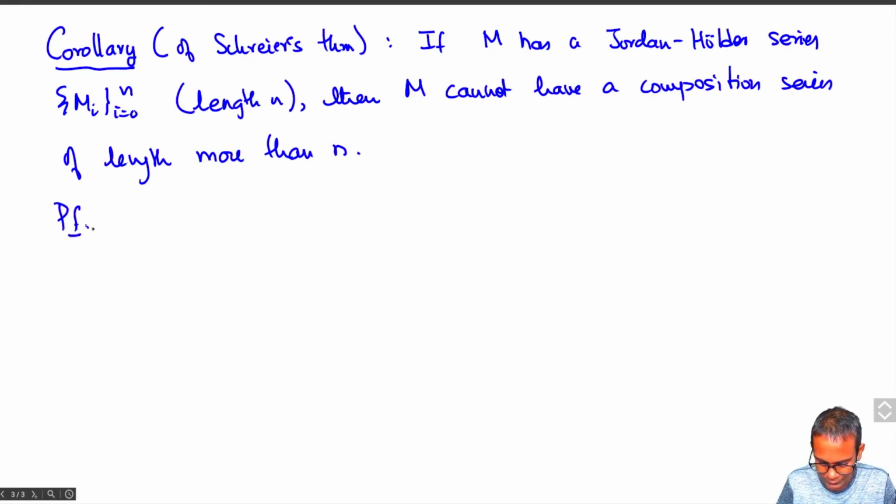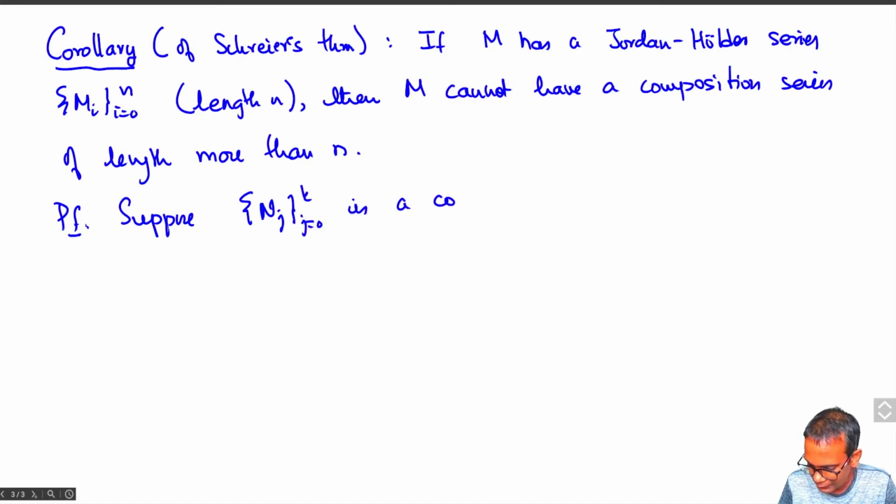And the proof is this. Suppose N_j, j goes from 0 to K, is a composition series.